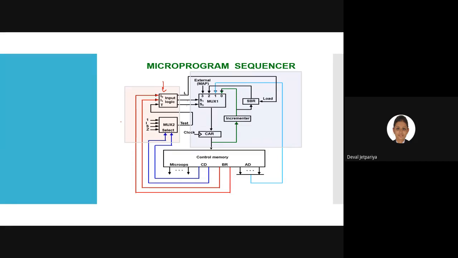We had also seen the basic design using which we are able to identify the control memory. Right. Now after that, the circuit which is used to select the next microinstruction is nothing but the microprogram sequencer. Okay, so this is the circuit which is used to select the next address.